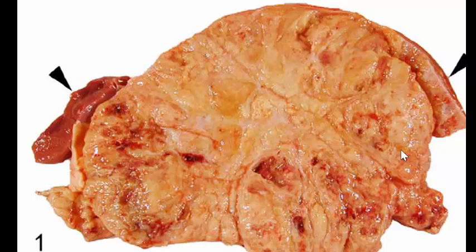Criteria of malignancy that were used in these papers were invasive growth into the capsule, vascular invasion. People used to say, "Oh, pheos invade the blood vessels, and cortical tumors don't." That is not true. They both will do it.